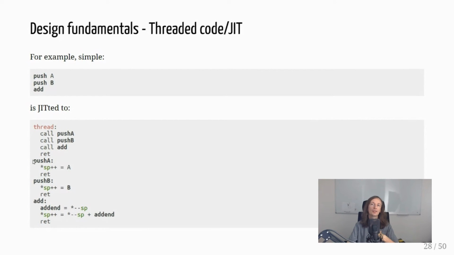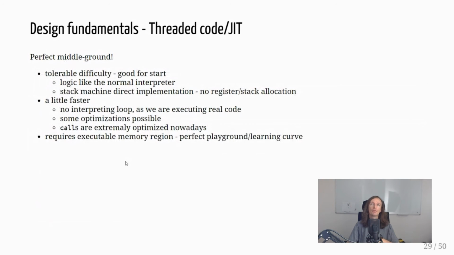I can create a subroutine for every type of instruction, and my code of a method will just be a huge list of calls to subsequent subroutines executing my code. So maybe it doesn't look super sophisticated, but it sounds like a perfect middle ground for such a crazy project as Mobius, because it has tolerable difficulty. It is good for a start.